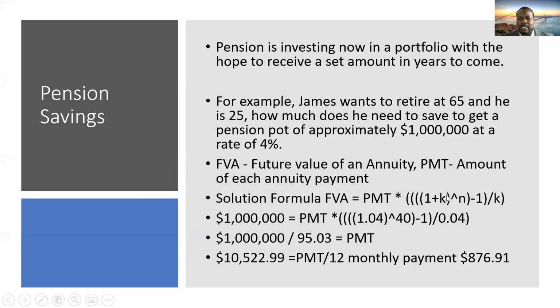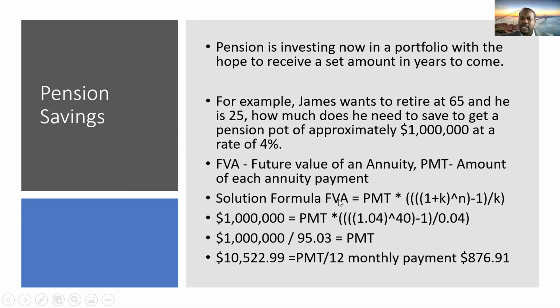Okay, so the main thing in this formula is the future value of an annuity. Our objective is to find out how much it is per month, which is the actual payment per annum, which we can then divide to find it per month.